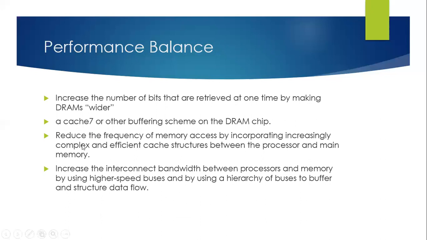First one is to increase the number of bits that are retrieved at one time by making DRAMs wider. DRAM is dynamic RAM. Use a cache or other buffering scheme on the DRAM chip. Reduce the frequency of memory access by incorporating increasingly complex and efficient cache structures between the processor and main memory. Next one is to increase the interconnect bandwidth between processors and memory by using high-speed buses and by using a hierarchy of buses to buffer and structure data flow.